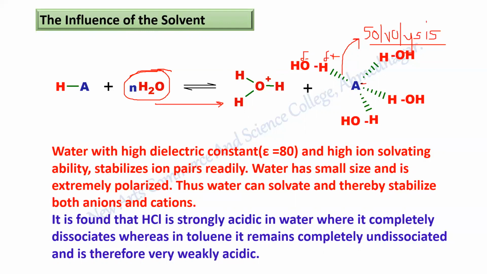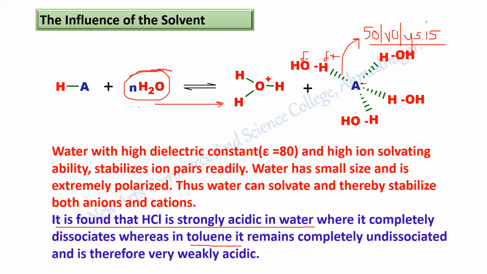So, in other words, now look at HCl. HCl is strongly acidic in water. The reason behind it is that Cl minus is stabilized like this due to solvolysis. But what happens in the case of toluene? Toluene is a non-polar solvent.